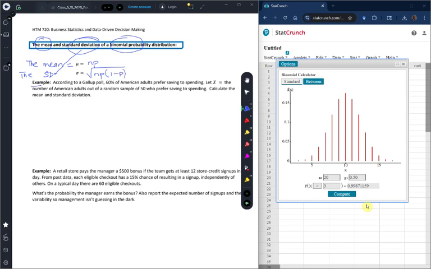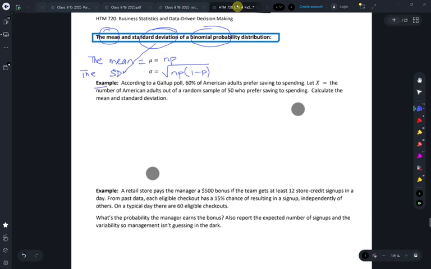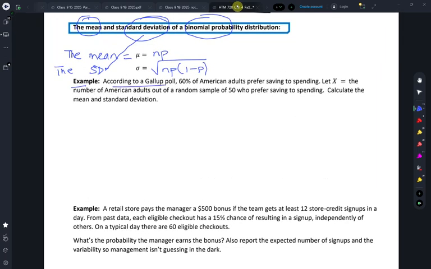Let's take an example here. According to a Gallup poll, 60% of American adults prefer saving to spending. Let X be the number of American adults out of a random sample of 50 who prefer saving to spending. Calculate the mean and the standard deviation. In this scenario, we have a binomial distribution, because we have a fixed number of people we are trying to see if they prefer saving to spending.